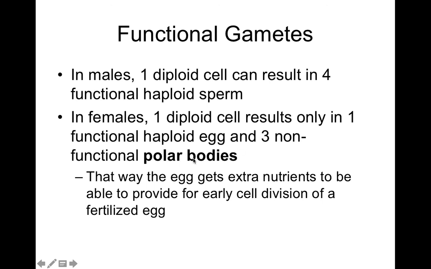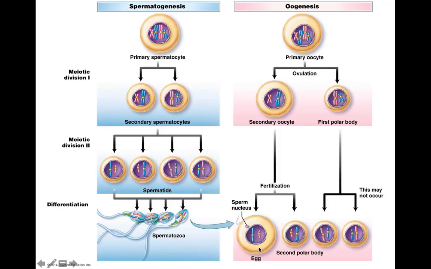Now, these polar bodies get none of the cytoplasm. So the cytoplasm continues to duplicate until we have this big ovum. And these 3 polar bodies, all they have is the genetic material, and that gets resorbed. This is so that the egg gets all the nutrients so that when it's fertilized, it can become a baby.